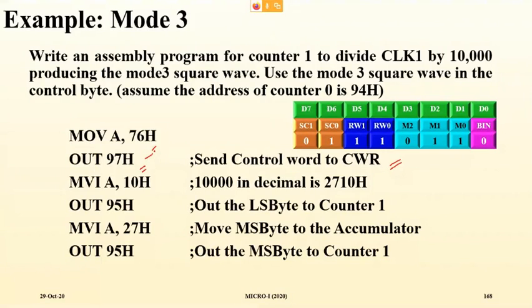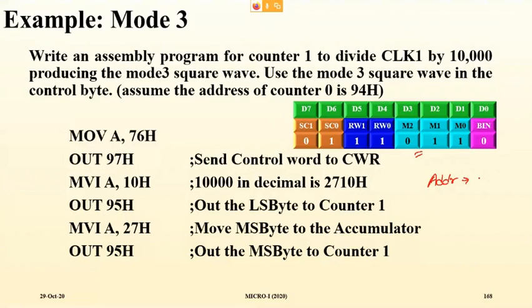Clear? Anyone having difficulty? Remember, in every peripheral IC, be it 8255, 8254, and in future you will be going through 8259 and so on, the most important thing is the control word and then the address.